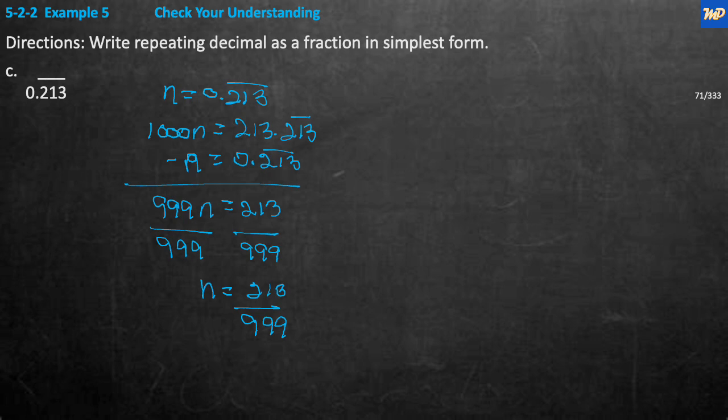If I divide the 210 by 3, I get a 70, and 3 divided by 3 gives us a 1. So the answer here is going to be 71 divided by 333, because both of these had a factor of 3 hidden in them. And 71 is a prime number. You can't reduce this any further. 71 is prime. Okay, and that finishes this section.